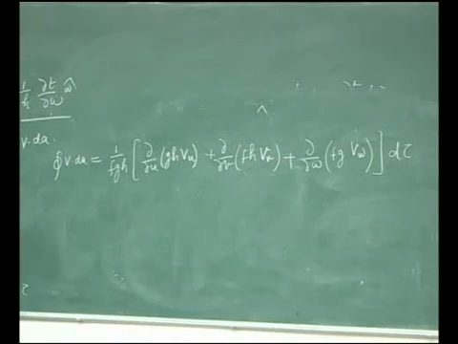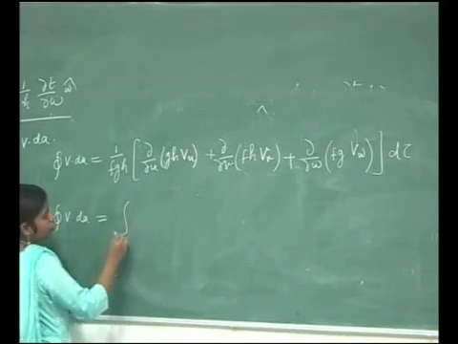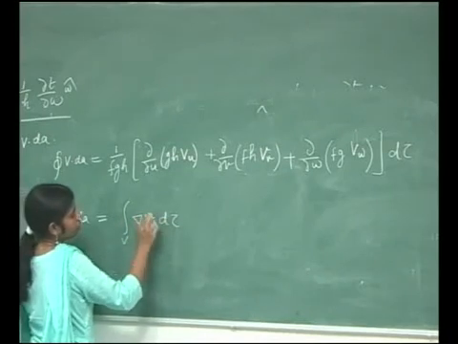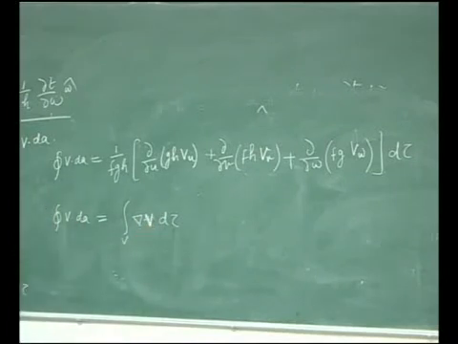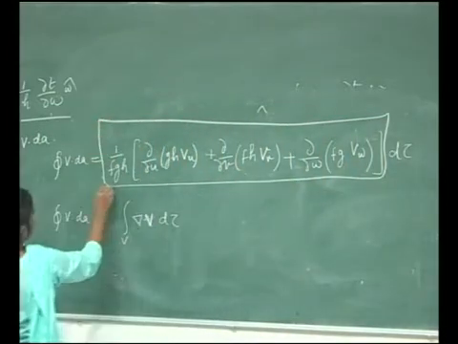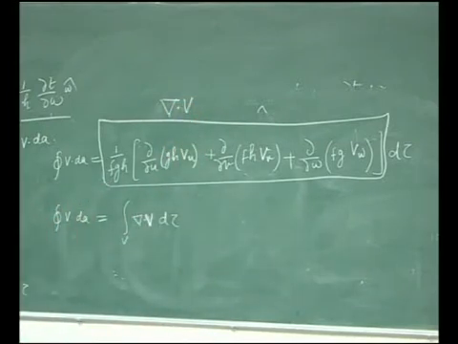So from the divergence theorem, I know that the integral of V dot dA is equal to the volume integral of del dot V d tau. This is the theorem. So from here I can say that this expression is equal to del dot V. We compare it.